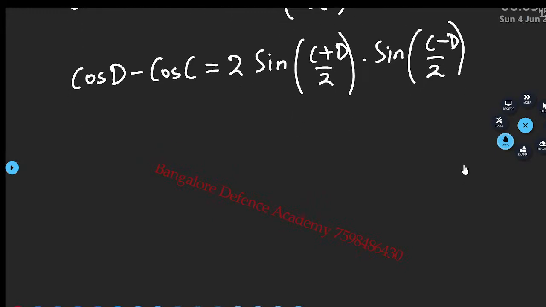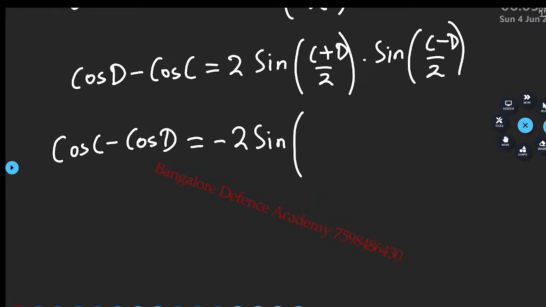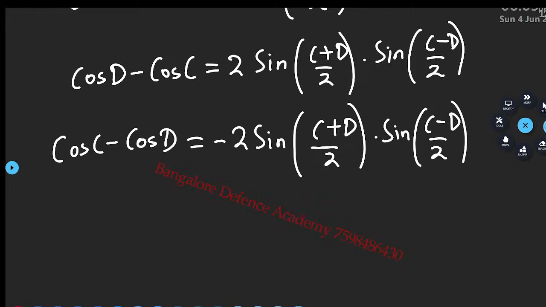Next, cos C minus cos D is equal to minus 2 sin((C+D)/2) into sin((C−D)/2).